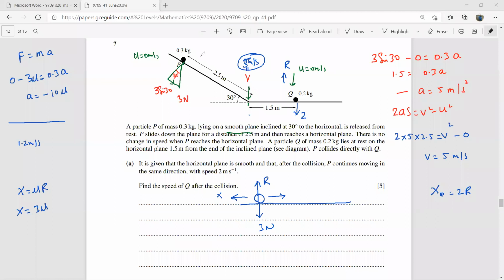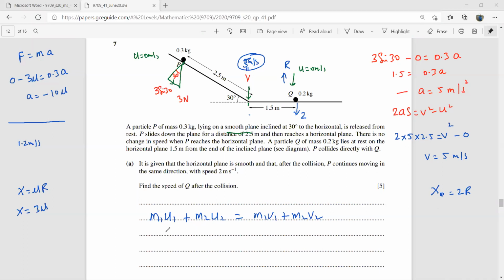Okay, now we have to find that the moment it reaches here, what will be its speed? You will have to find all that speed in terms of mu, maybe. So let me write the rule here: m1 u1 plus m2 u2 equals m1 v1 plus m2 v2.